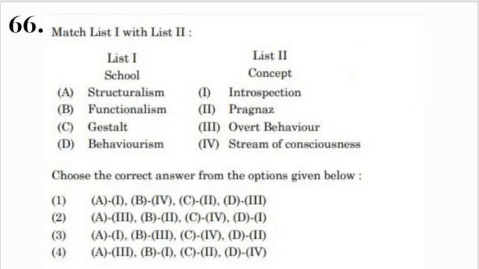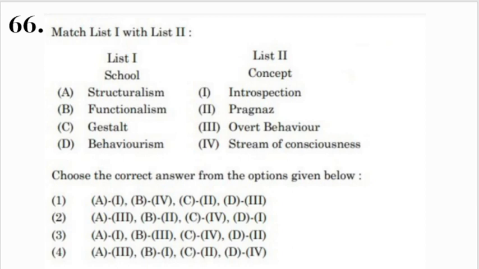Okay, moving ahead to question number 66. Okay, let us read the question.